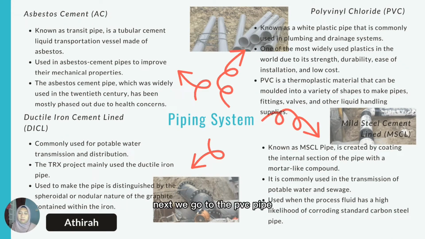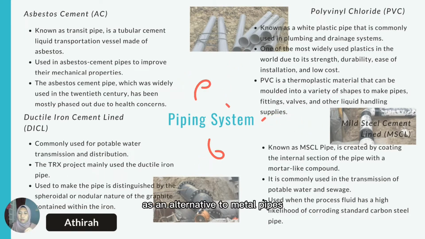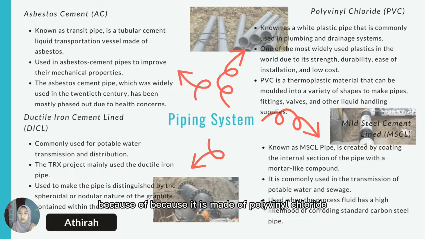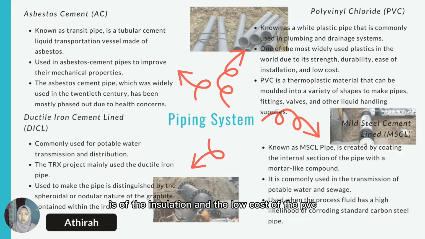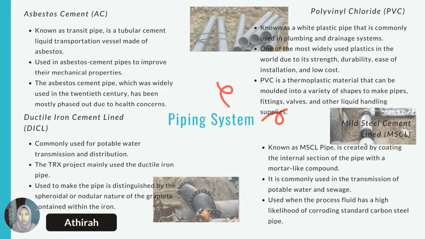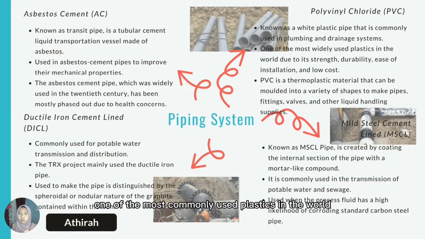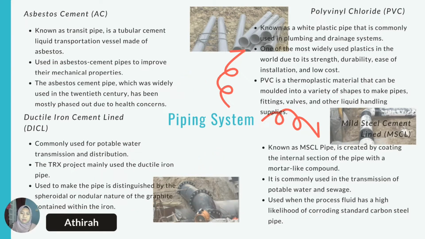Next, we go to the PVC pipe. PVC pipe, we know as a white plastic pipe that is commonly used in plumbing and also drainage systems. Plastic piping is becoming more popular as an alternative to metal pipes because it is made of polyvinyl chloride, and due to its strength, durability, ease of installation, and the low cost, PVC has been one of the most commonly used plastics in the world.